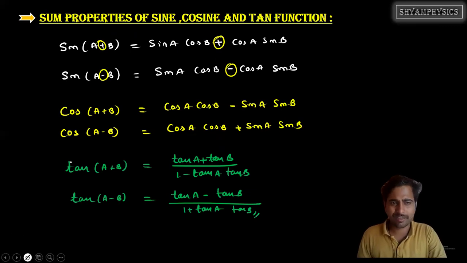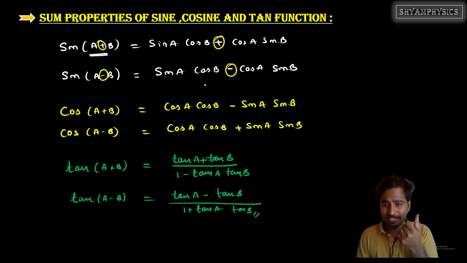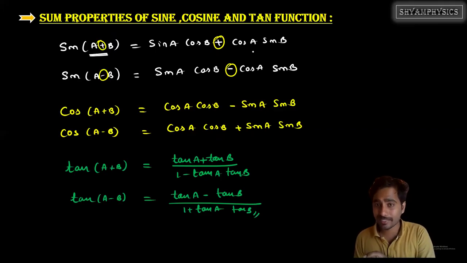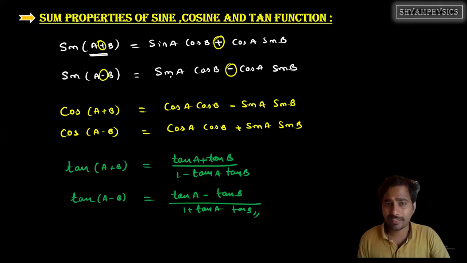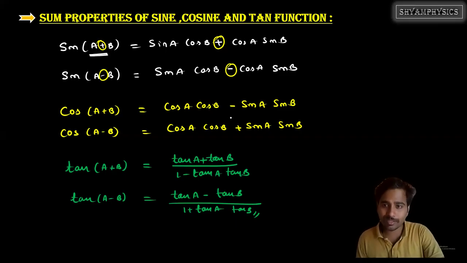Basically, you know very well, sine of a plus b has a format. Sine of a plus b is sine a cos b plus cos a sine b. Whenever sine of a minus b comes, we write sine a cos b minus cos a sine b. I will tell you how we use all these trigonometric functions in physics.